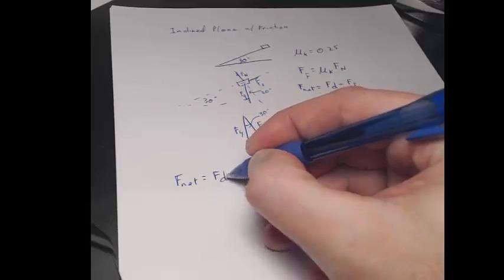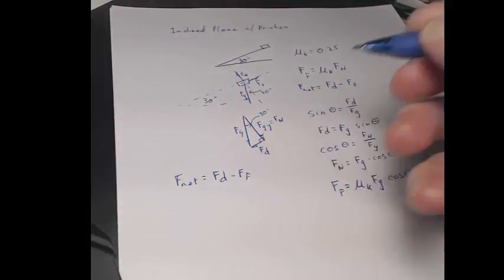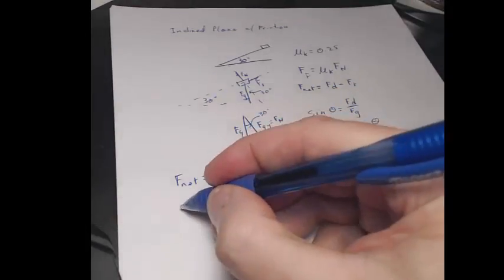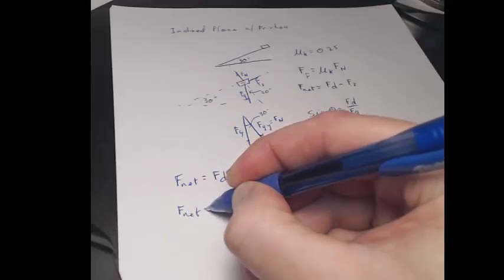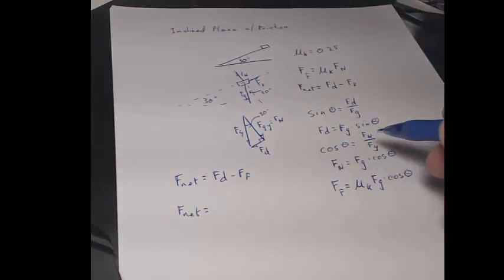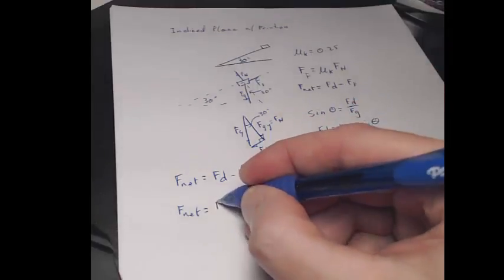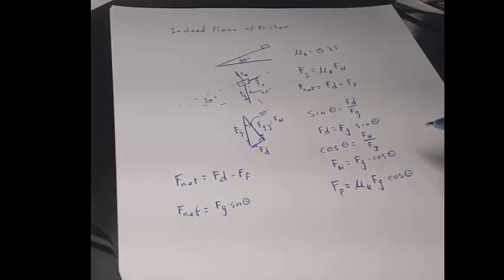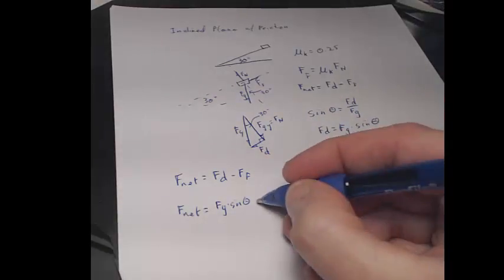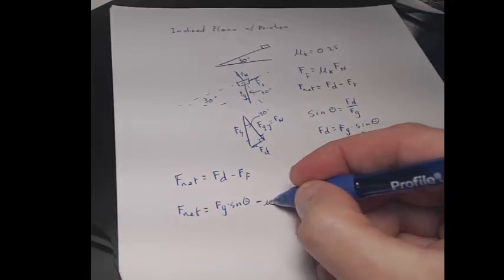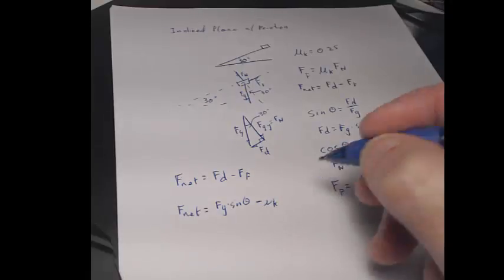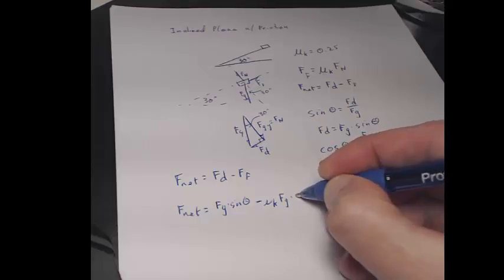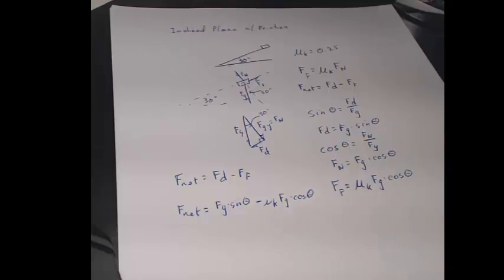This is going to be the force going down the hill minus my frictional force, and I'm going to plug in what I know. So my net force now is going to be equal to my force going down the hill, which is force of gravity times the sine of the angle that I'm interested in. And I'm going to subtract from that my frictional force, which is mu k times the force of gravity times the cosine of theta.